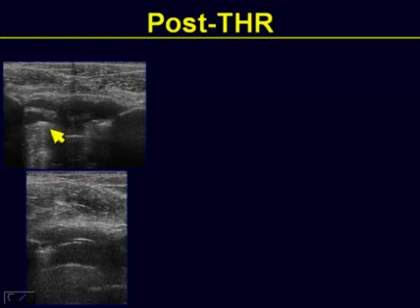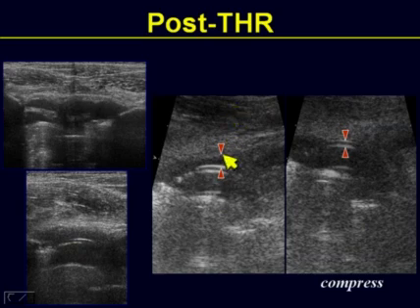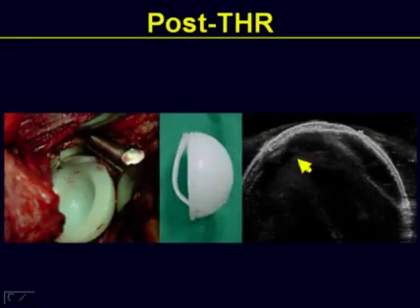But lo and behold, while you may think that this is part of the acetabular component, when we do dynamic imaging, notice that it releases, and you know that this is an artifact and intraluminal collection. So when you do a neutral and compression view, you notice that this artificial intraluminal debris is too much to bear. And therefore, we confirmed indeed that this is a loose plastic.